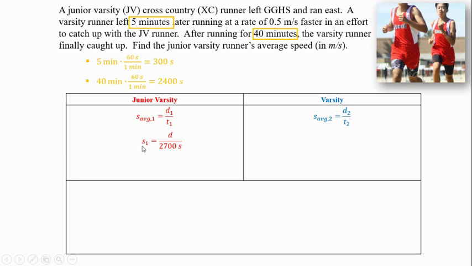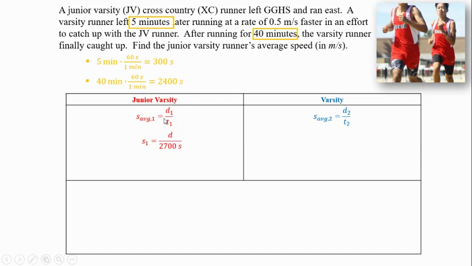I don't know the average speed for the junior varsity runner; as a matter of fact, that is what the question is looking for. I reduced D1 down to just D since both runners started from the same location, and by the time the varsity runner catches up with the JV runner, they have run the same distance. So it's perfectly okay to leave out subscripts when things are the same.